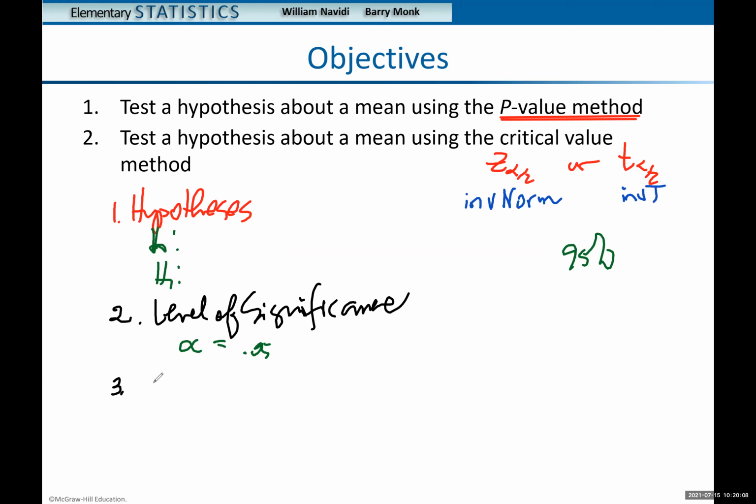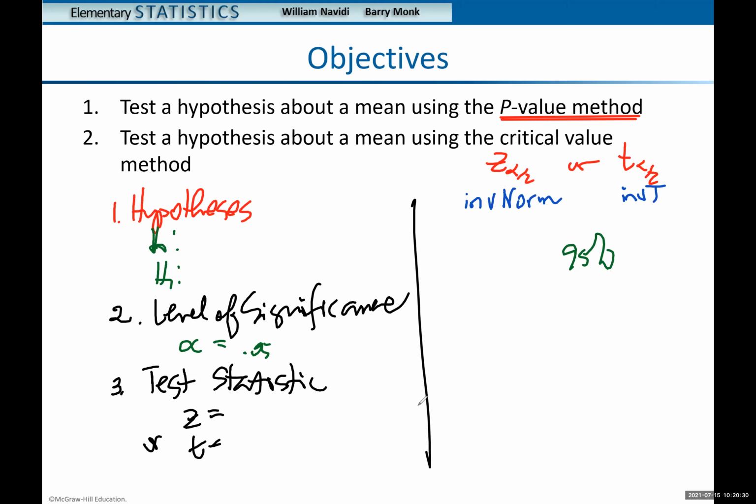Next, step number 3 is the test statistic. This is where you use the calculator shortcut and write the answer here. You just have to copy from your calculator either your Z value or your T value.